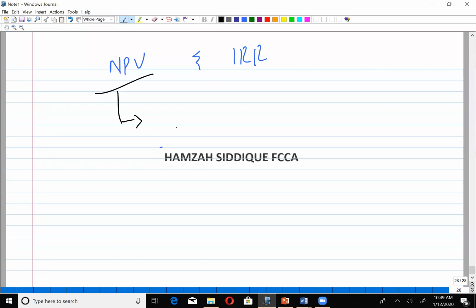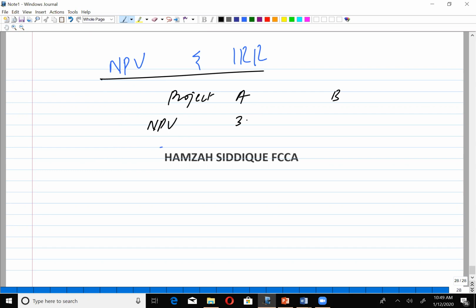For example, two projects are there, project A and project B. Project A's NPV is 300 million, project B's NPV is 400 million. Project A's IRR is 32%, project B's IRR is 25%.